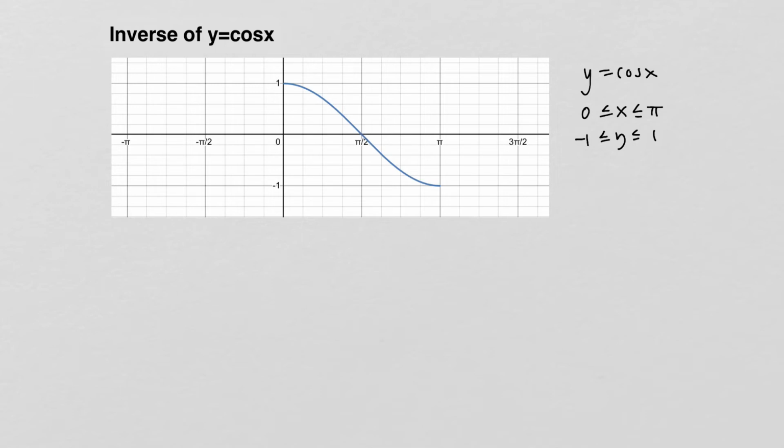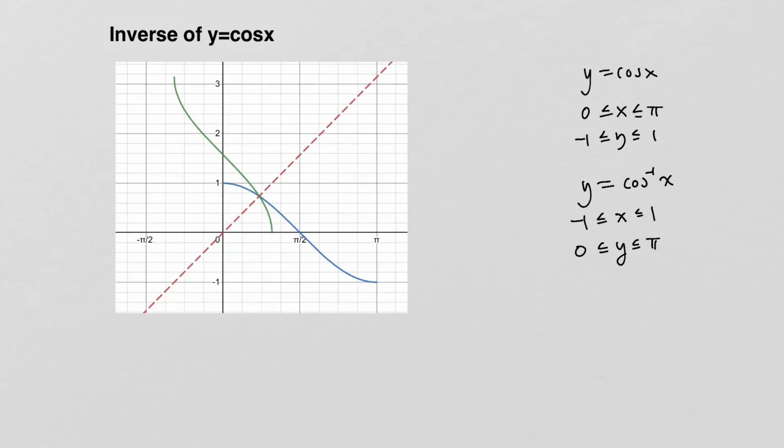So now we can go ahead and talk about the inverse function. The inverse function, of course, will be y equals inverse cosine of x. And for this, we know that x has to be a value between -1 and +1, and y has to be a value between 0 and pi. And let's bring in that graph. And so here's what it looks like.